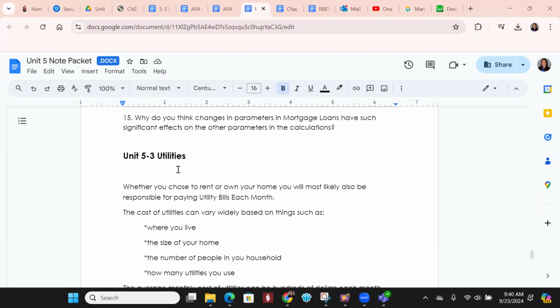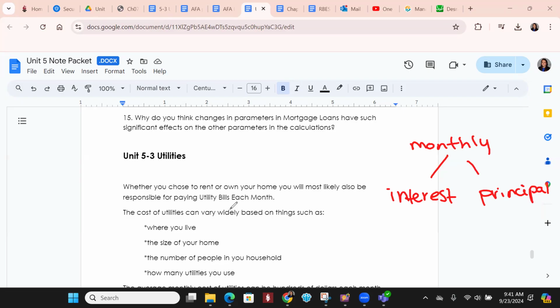We know that when we make our monthly payment, it's made up of your interest and your principal deduction. Remember, we pay $2,000 a month. Some of it goes to interest, some of it goes to the principal balance. When we make that $200 extra payment, it goes directly to your principal balance.